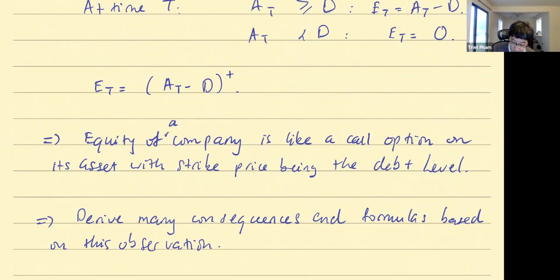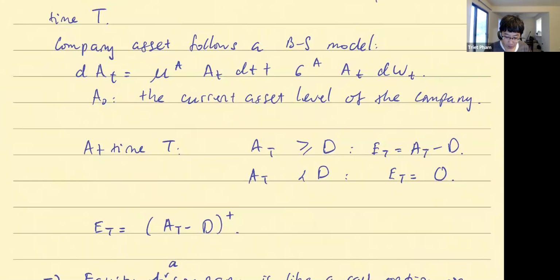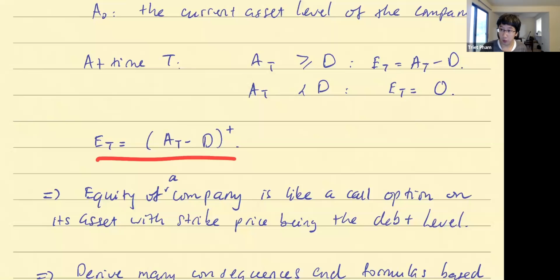And by formulas, I mean the Black-Scholes formula, because exactly we use the Black-Scholes model for the asset growth, and so with this we have everything that the Black-Scholes model is built for.